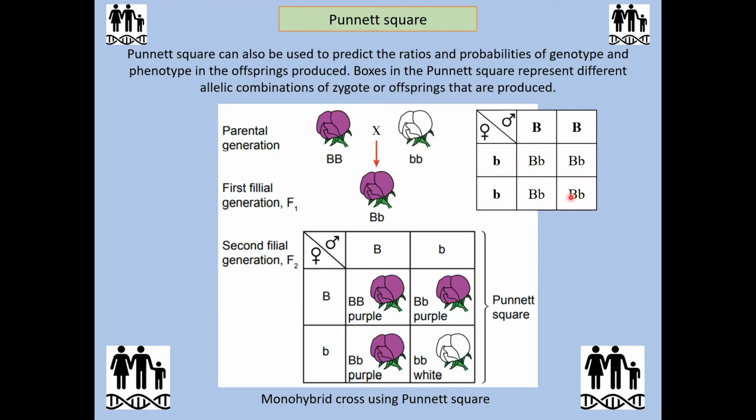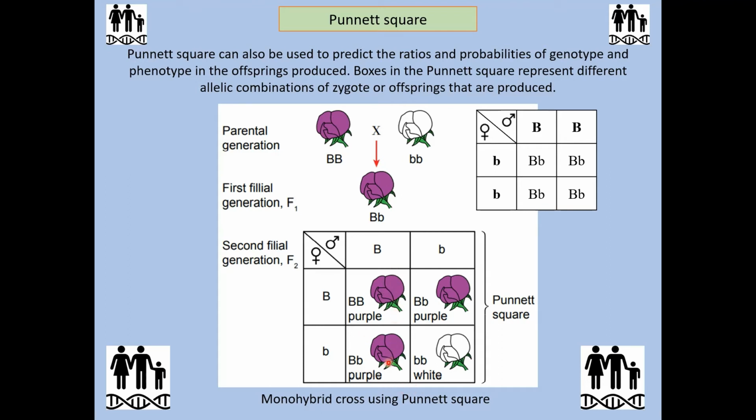Okay, when we cross the first filial generations, this is the alleles, big B, small b, big B, small b. So when dominant allele cross with dominant allele, the product is purple. So this is a homozygous dominance. When this recessive allele cross with dominant alleles, so the product is heterozygous dominance, big B and small b. So this is heterozygous dominant.